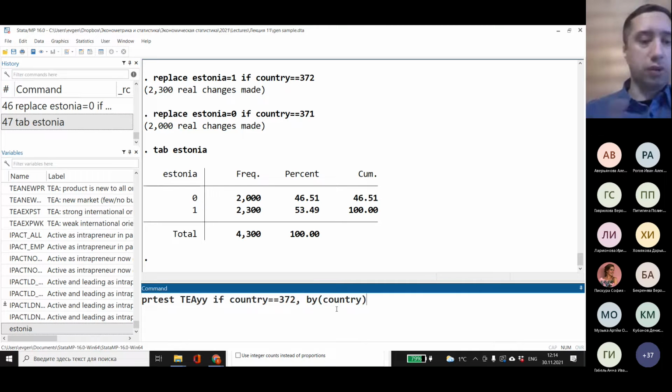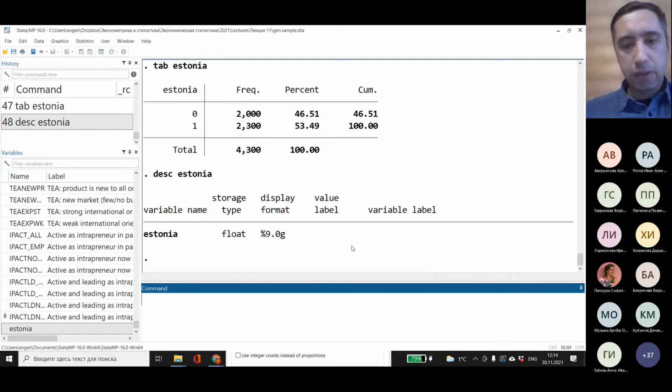Now we have to assign a variable label. Look, if I type describe Estonia, I don't have a variable label. But what if I want to enter some text here? To do this, I have to type label var, variable, next variable name. Now I am telling Stata, please assign a label to my new variable Estonia, and in quotations write any text you want.